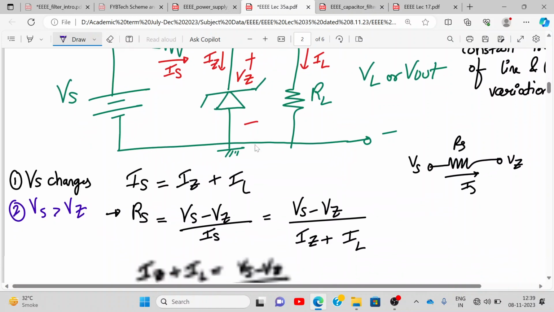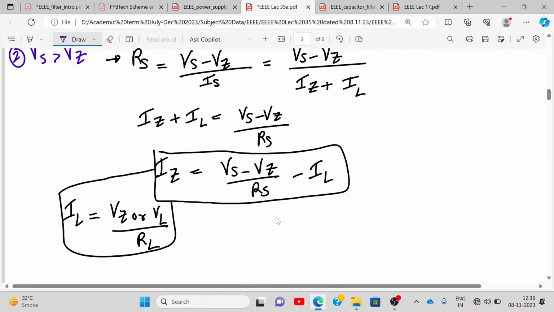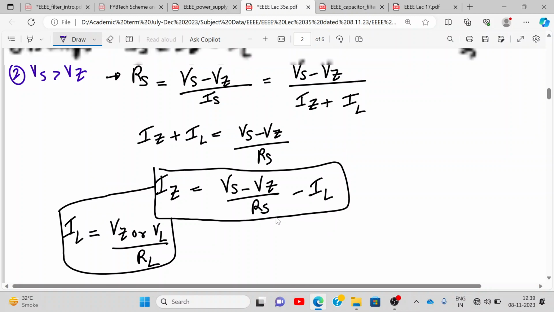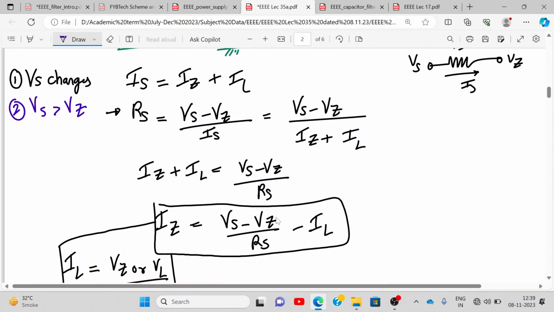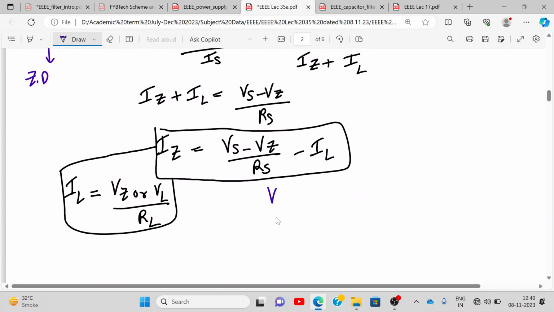Alright. Now, what are the variables in this equation? Whenever Vs is greater than Vz, the Zener diode operates in the Zener breakdown region. Okay? So tell me what are the variables over here which can change?